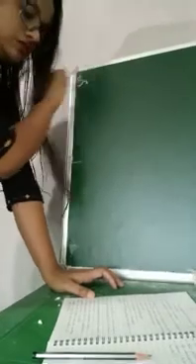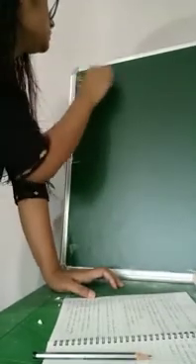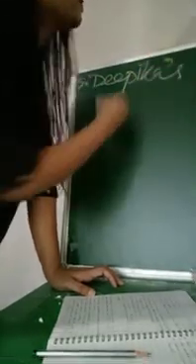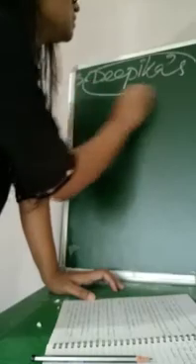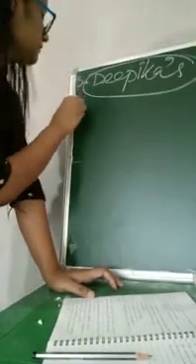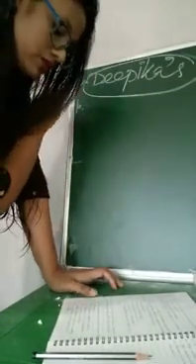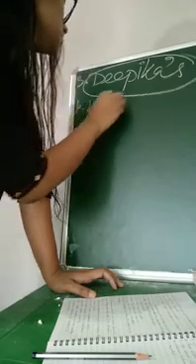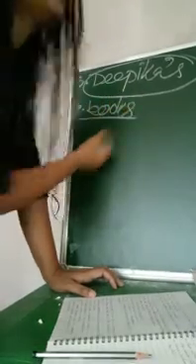Then number 3: Deepika's room is untidy. Here the word Deepika's has an apostrophe s, so this one is a possessive noun. Number 4: The books Deepika has are untidy. Here the word books does not have an apostrophe, so this is a regular noun.